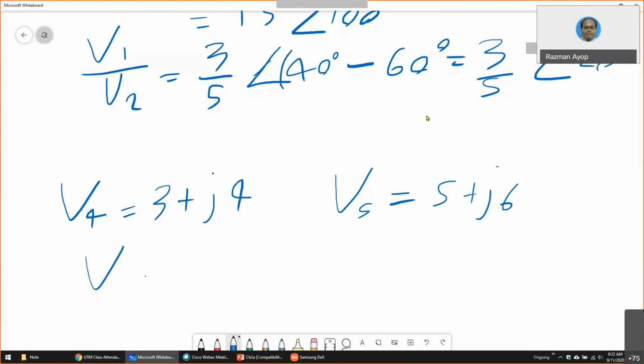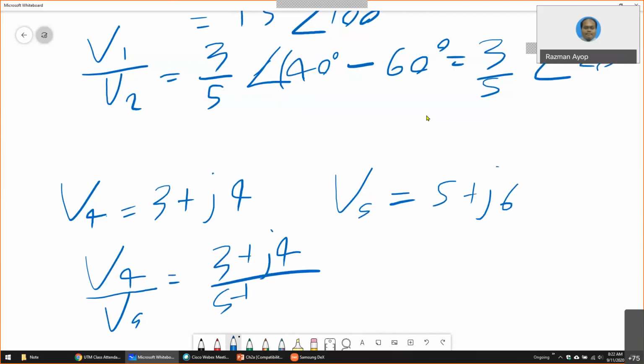If you divide V4 by V5, you cannot just divide 3 plus j4 by 5 plus j6. You have to convert to this polar form, then you can do the manual way. But this one also doesn't give marks, so you waste your time converting everything. So you just have to use your calculator.